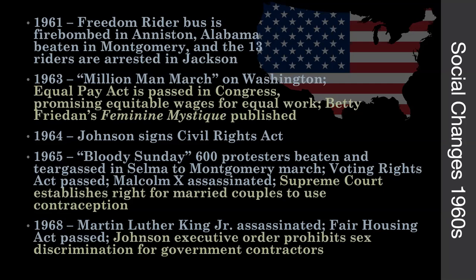So, 1961, there's the Freedom Riders, a group of, I forget if it's 6 or 7 Black people and 7 or 6 white people, but they're beaten, firebombed, arrested. That makes international news. And in fact, the American treatment of African Americans is a huge embarrassment.